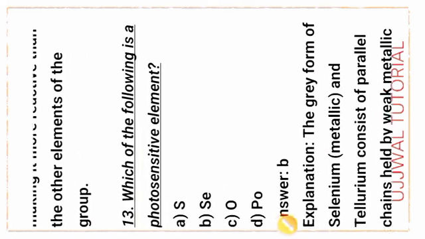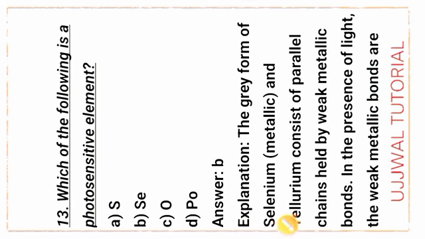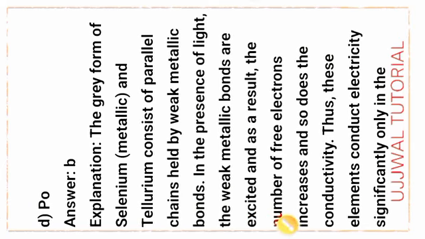Okay, next question, question number 13. Which of the following is a photosensitive element in group 16? Option B, selenium, Se. To explain this part, the gray form of selenium, metallic selenium and tellurium, consist of parallel chains held by weak metallic bonds.